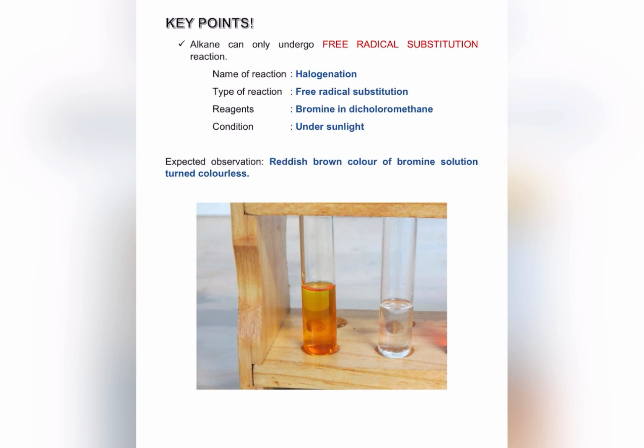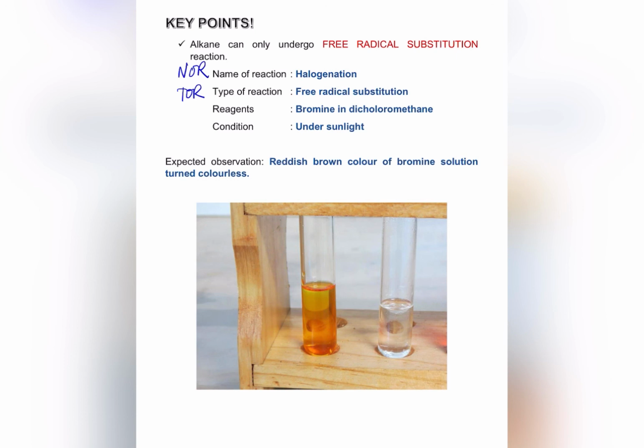If I ask you the name of the reaction, it is halogenation because you use halogen. It can be either bromine molecule or chlorine molecule. If I ask you about the type of reaction, the type of reaction is free radical substitution.